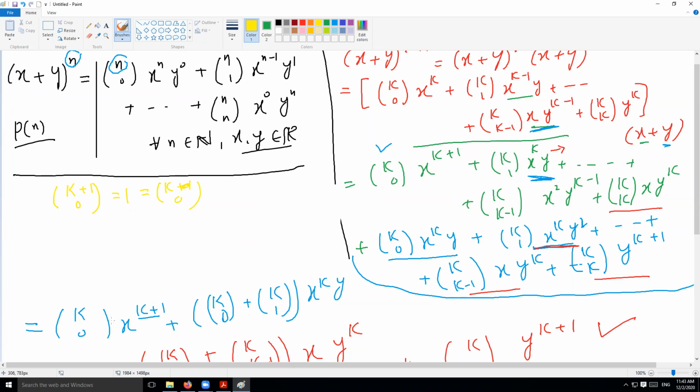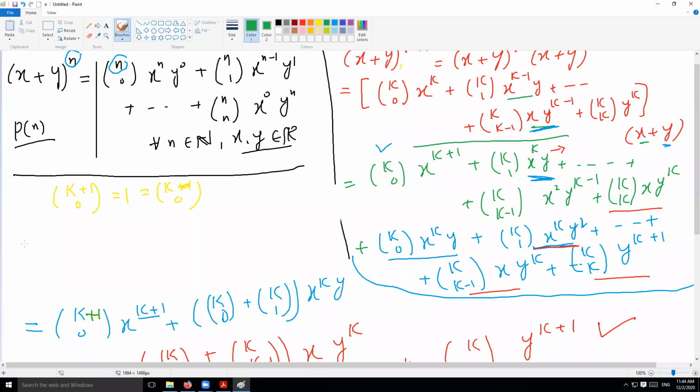So in place of k choose 0, if I replace it with k plus 1 choose 0, there is no difference. The expression is still the same. I don't know whether you can see this yellow guy or not. k plus 1.